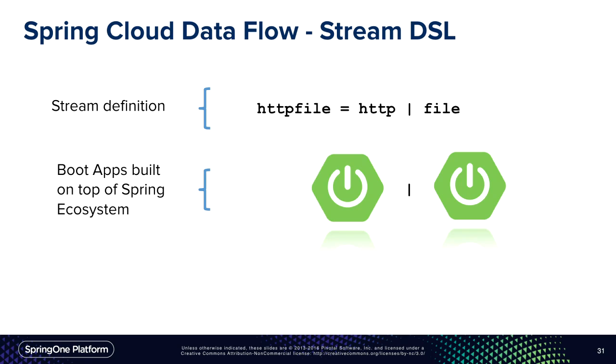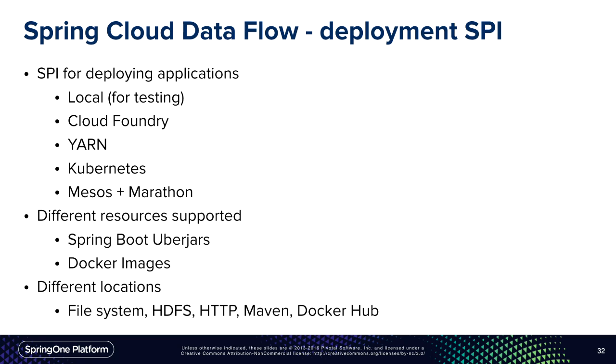For example, a colleague of ours has been working on a Python implementation that allows you to run Python applications and have them integrated with Spring Cloud Dataflow. That's the kind of conceptual uniformity that allows us to cross the bridge to other platforms and languages. In terms of SPI, it has an SPI for deploying applications built on top of another Spring Cloud project, Spring Cloud Deployer, which is more generic.